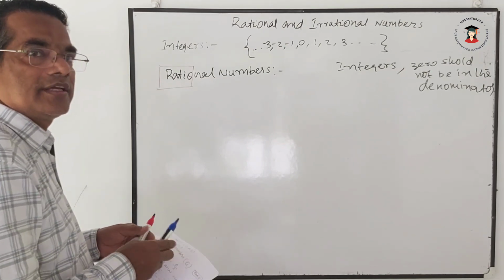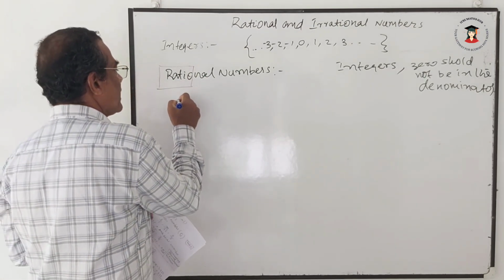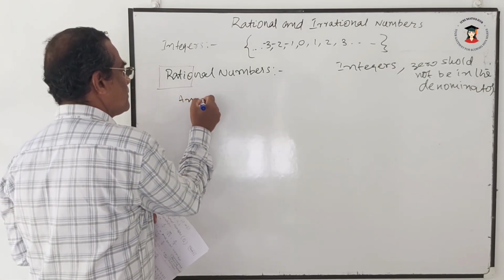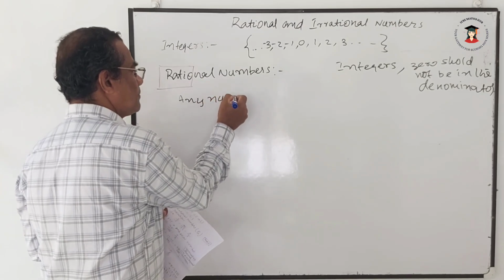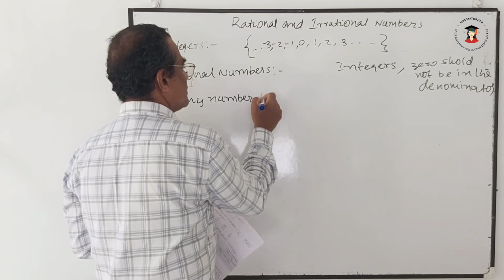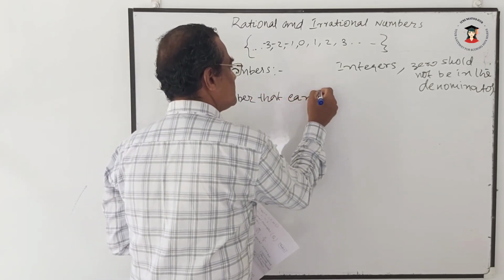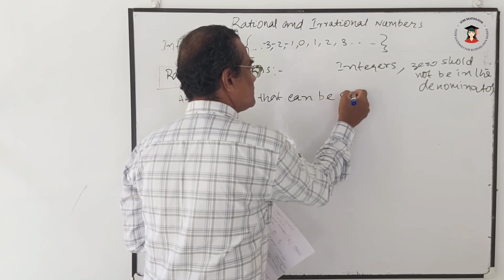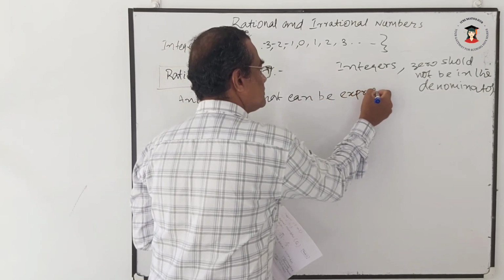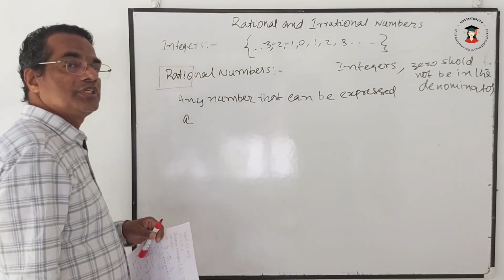The definition in your textbook is like this for rational numbers. Any number that can be expressed as a ratio of two integers.